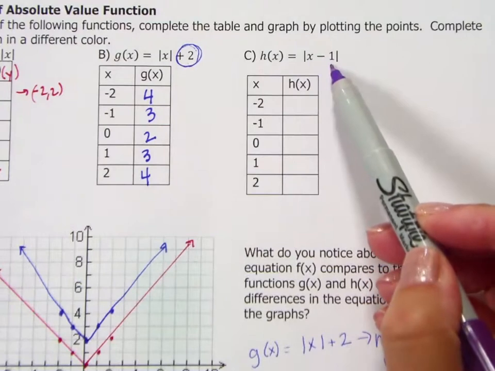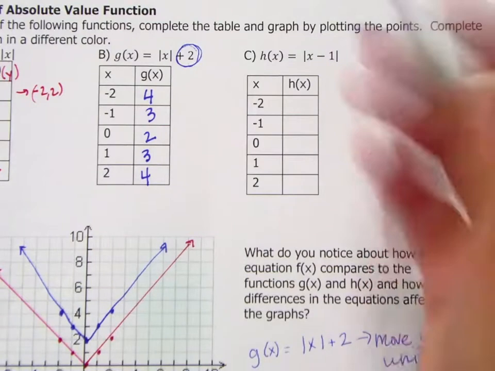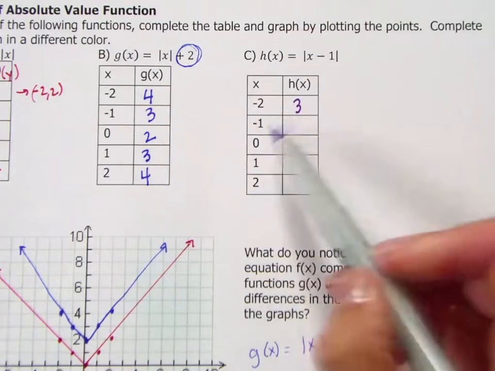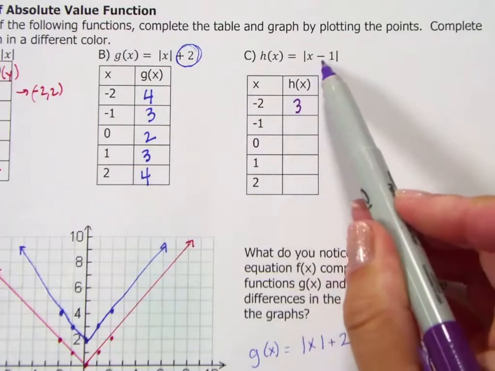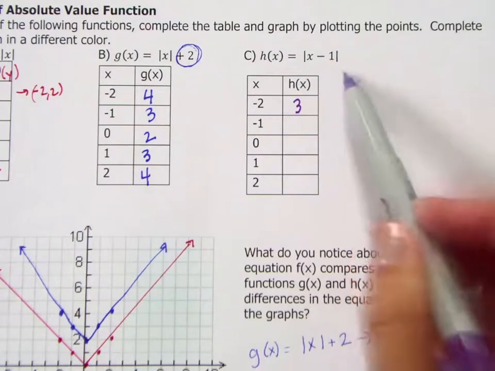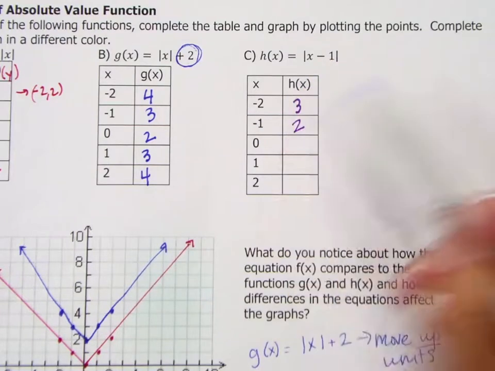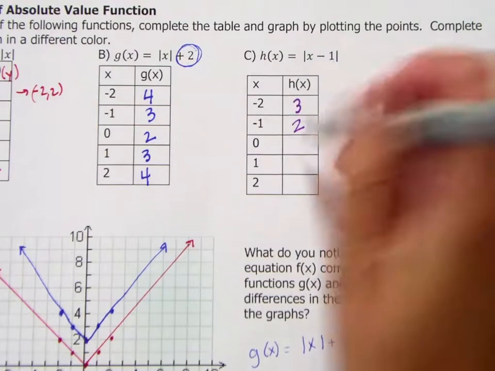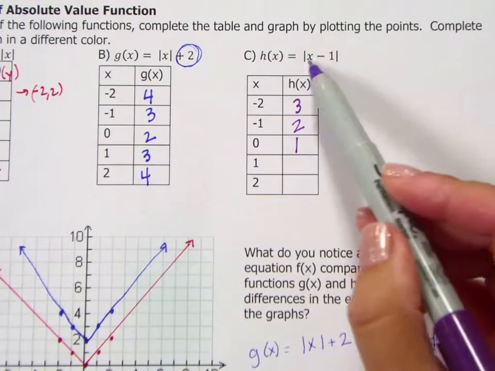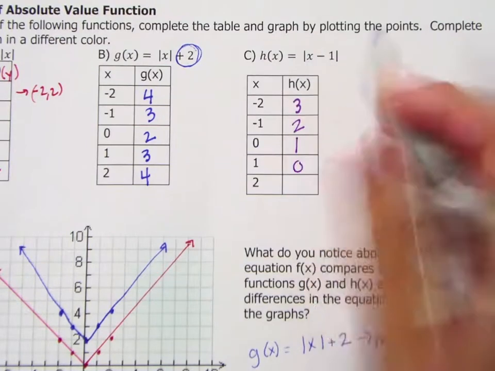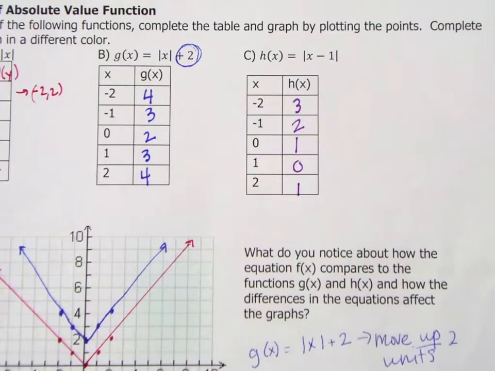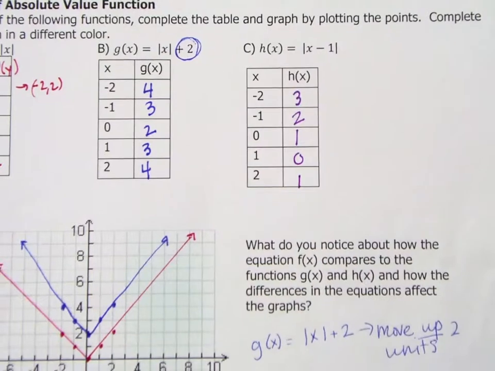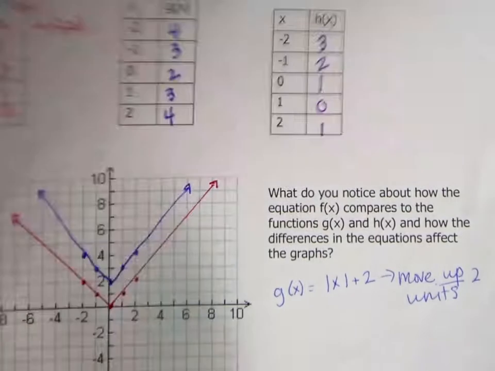Absolute value of -3 is +3. -1 minus 1 is -2. Absolute value is 2. 0 minus 1 is -1. Absolute value is 1, and so on. 1 minus 1 is 0. 2 minus 1 is 1. Again, you might be noticing something in those y values. Let's go ahead and plot those.